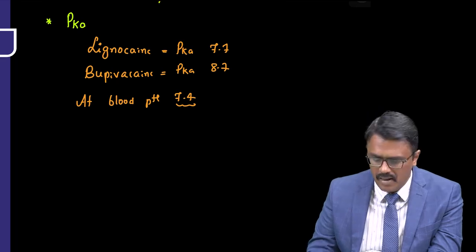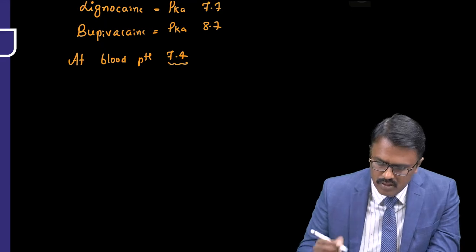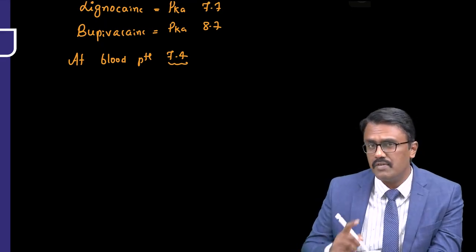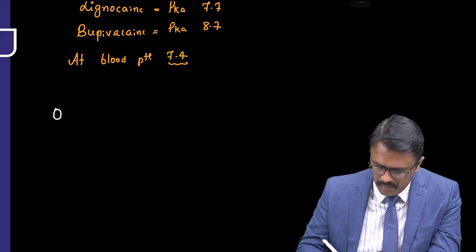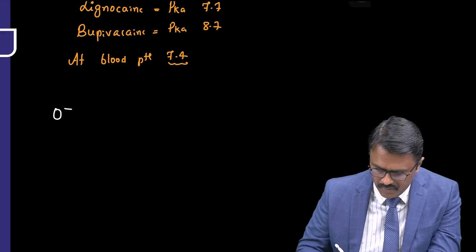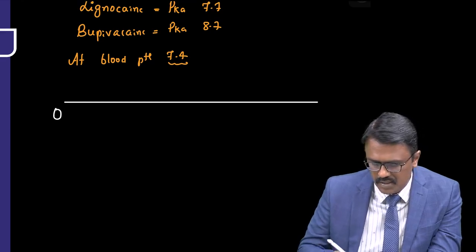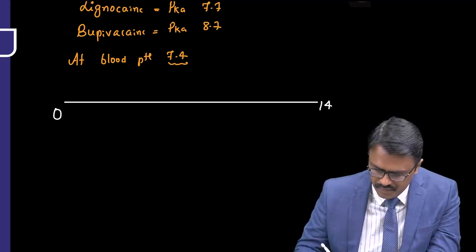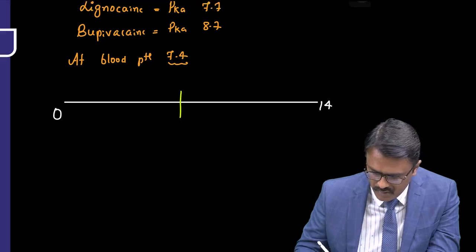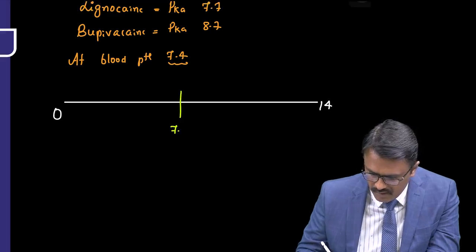Let us check that. To check that, you should know the basics of pH and pK. We have a separate video for that. Watch it. Now this is 0, let me write the scale here. This is 14. Now let me tell you the pK value is here. Suppose the pK value is 7.7.